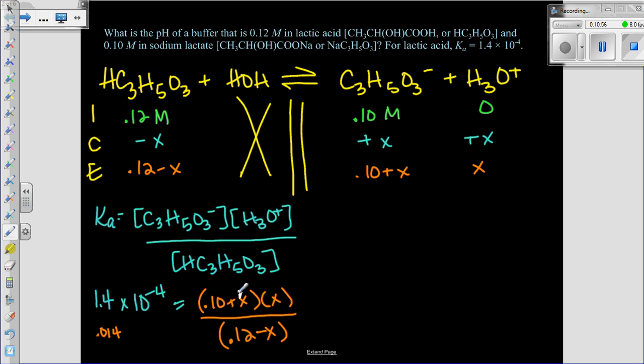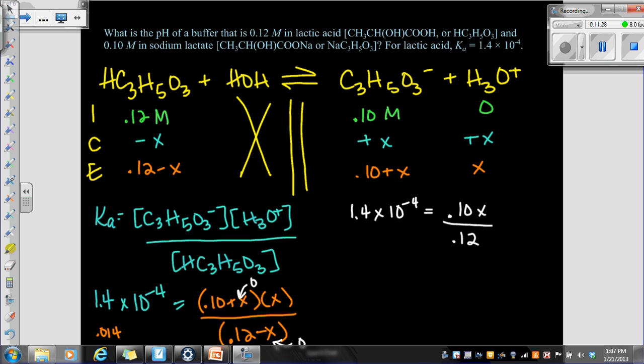What that means is that this x will be 0, and this x will be 0, because in comparison to the number that they are added to or subtracted from, they are so much smaller that it's basically going to be the same number. So instead, I now have 1.4 times 10 to the negative fourth equals 0.10x divided by 0.12.